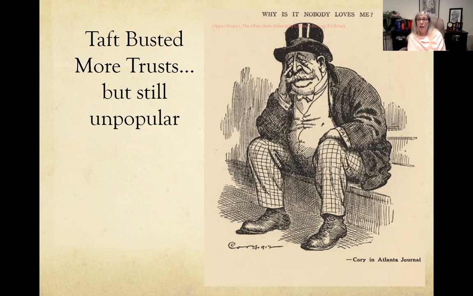So in one term he busts more than double what Roosevelt busted in two terms. So he goes after all of these big companies, destroys them, breaks them apart. So that kind of hurts U.S. production for our exported products. It hurts our ability to get products into the market because he's gone after all of these and hasn't used moderation in the way that Roosevelt did.